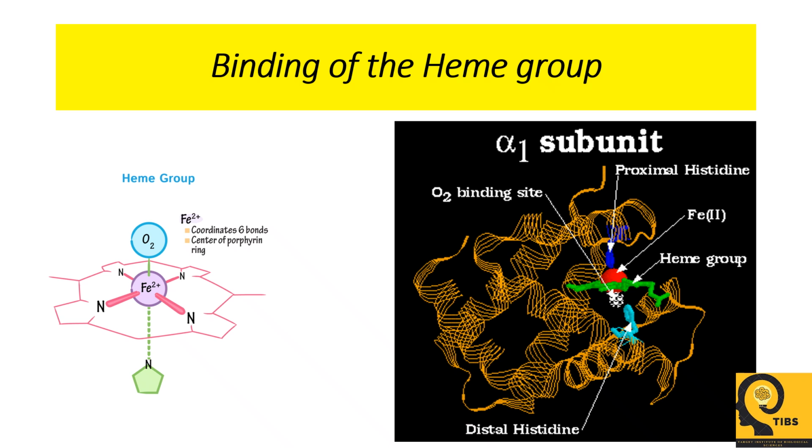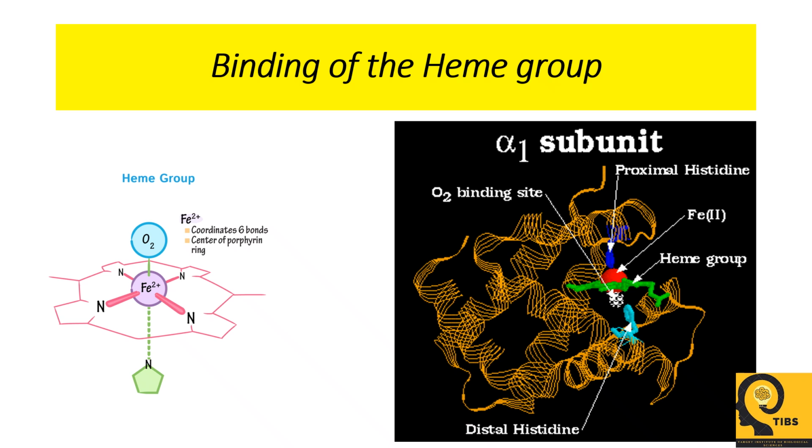Students, this is the iron, and the iron is attached to the four pyrrole rings, and this is the histidine, known as the proximal histidine.